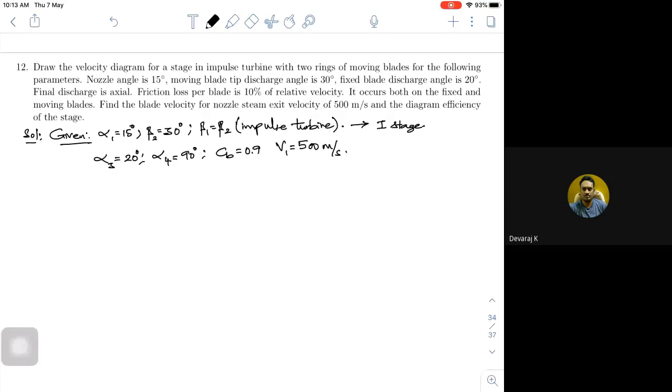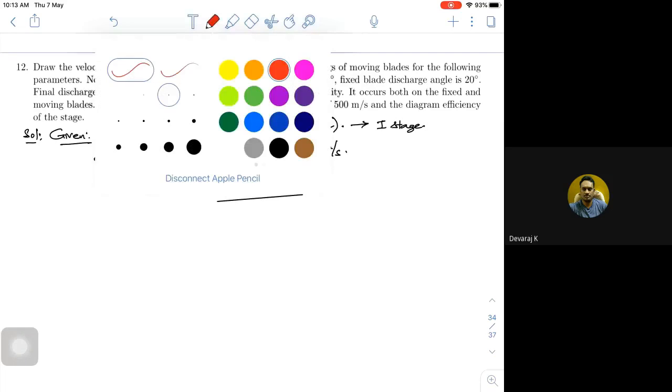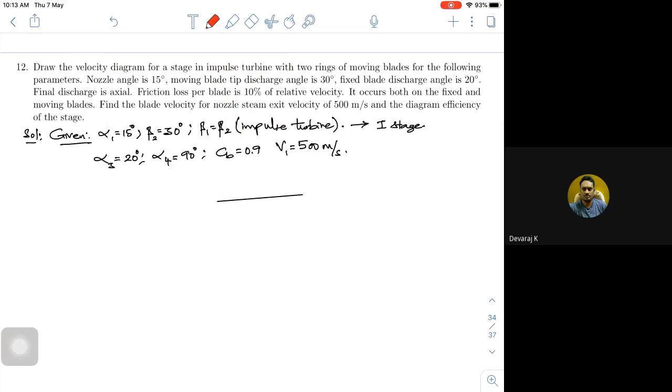If I go with the graphical way, let's draw a horizontal line, and from one particular point, take your alpha 1, that is 15 degrees, and draw a line.